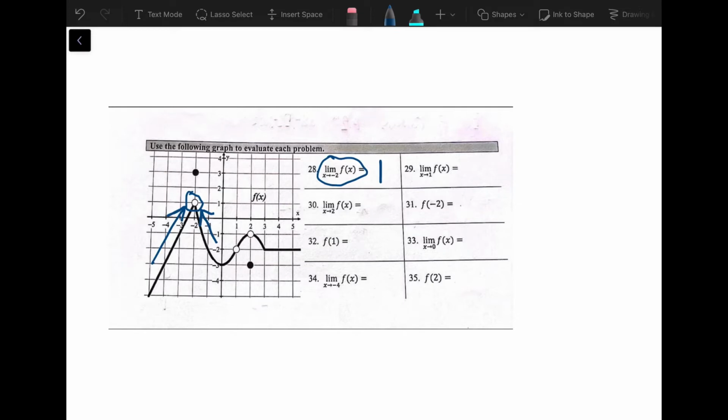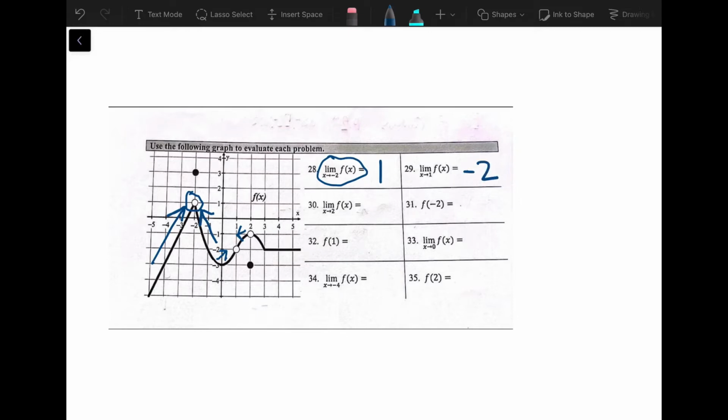Let's continue. Limit as x approaches 1, what is the limit of f of x? So we go down here. As x approaches 1, from both sides, we can see that f of x approaches -2.